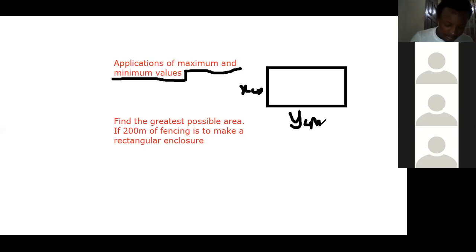Now the question says that 200 meters of fence is to be used, that means the whole perimeter is 200 meters.